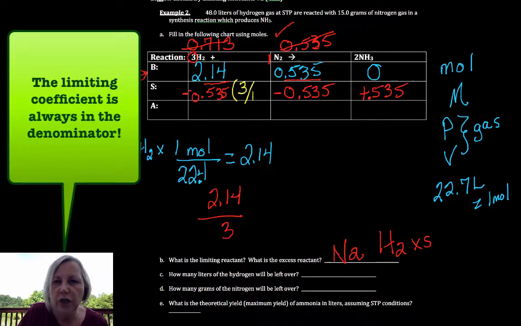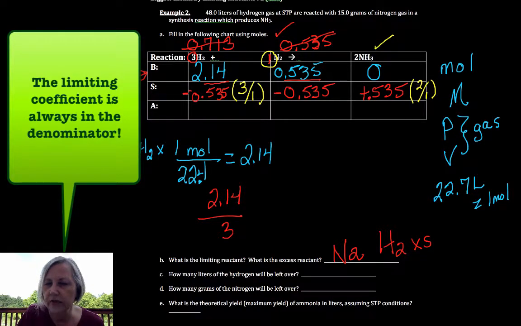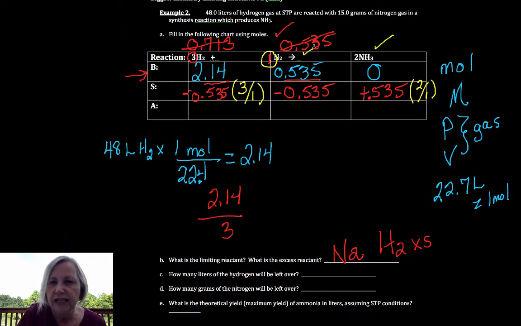And I want you to notice that the limiting coefficient, that implied 1 in this case, is always in the denominator. That's because our mole ratio has where we're going to on top, so its coefficient is on top, divided by where we're coming from, which is the limiting. So the limiting balancing coefficient goes in the denominator.